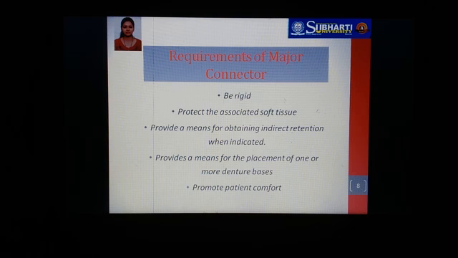It should also provide a means for the placement of one or more denture bases. Why? Because it is basically forming the metallic base, so the denture base should cover that surface also. Lastly, it should also promote patient comfort. Why? Because it is coming in direct contact with the soft tissues.